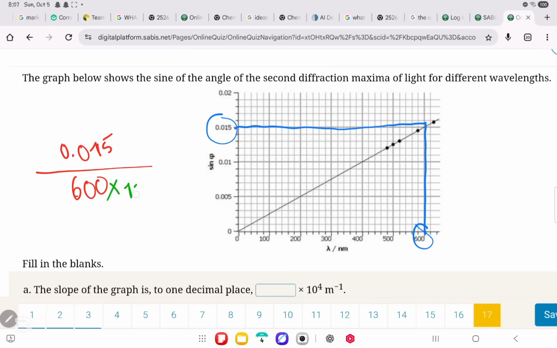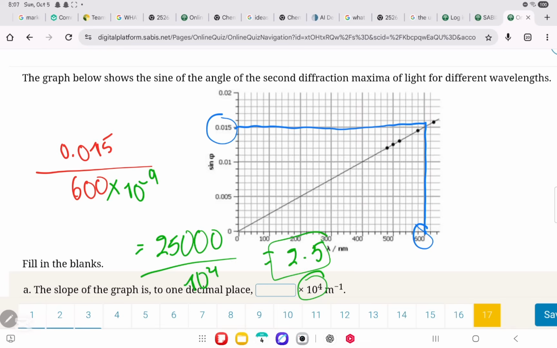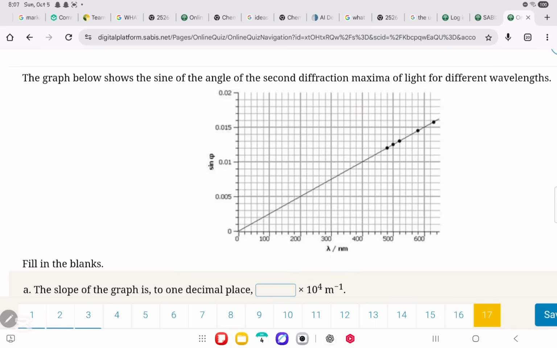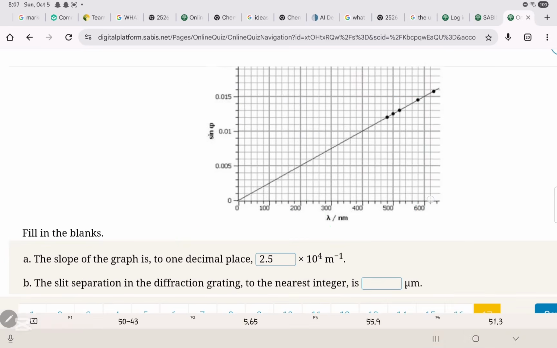We need to change it into meters, so times 10 to the power of minus 9. So 0.015 over 600 times 10 to the power of minus 9, we will get 25,000. They want times 10 to the power of 4, so divide this by 10 to the power of 4, and you will get an answer of what? You will get an answer of 2.5 times 10 to the power of 4 meters. This is the slope of the graph.